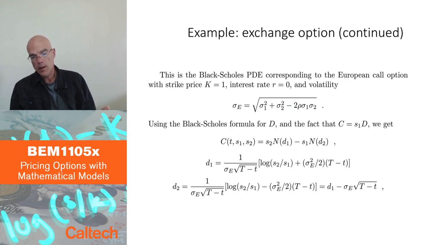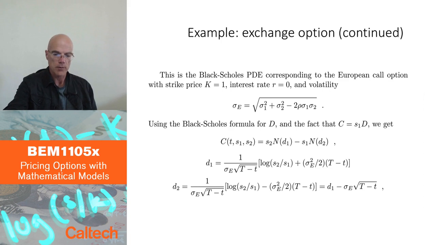So we know the formula, and we can find the formula for d, and we just multiply it by S1, and we will get the formula for our exchange option. If you do that, you get something here. The formula is written here. I'm not going to go through it, but it's explicit.